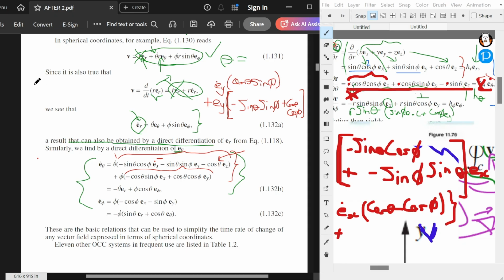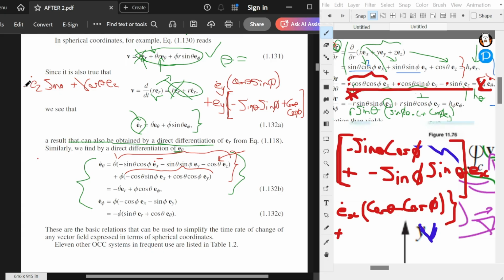Let's just do EZ dot. Oh, EZ is just EZ. We have EZ sine theta, and then we add that to cos theta EZ.